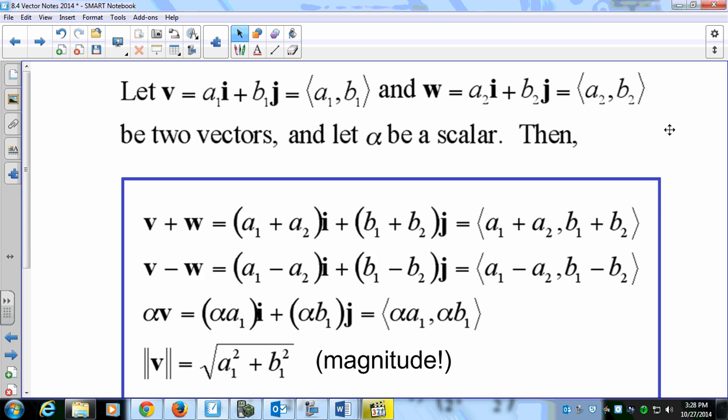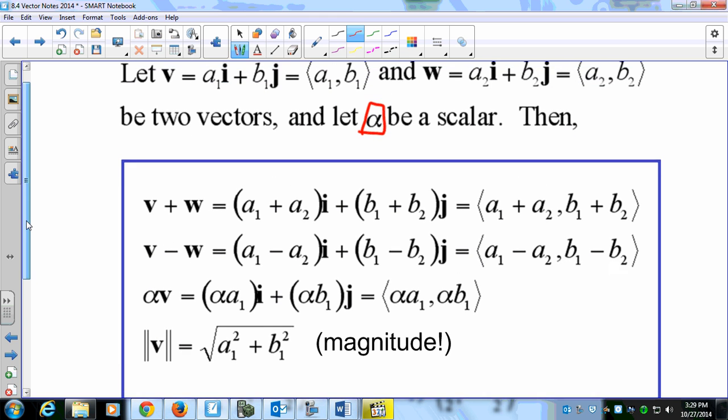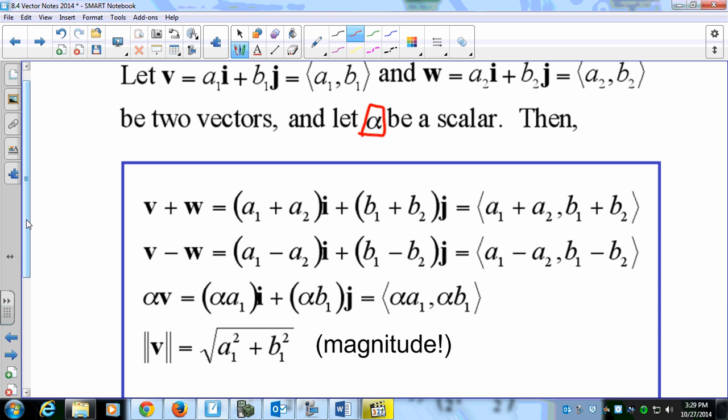All right, so then if we're adding vectors, notice we have 2 vectors here, v and w, and then we're going to have scalars. In this context, our alpha here is a scalar. It's just any given number. If we want to do v plus w, you add the i components, add the j components, and that's the resulting vector.